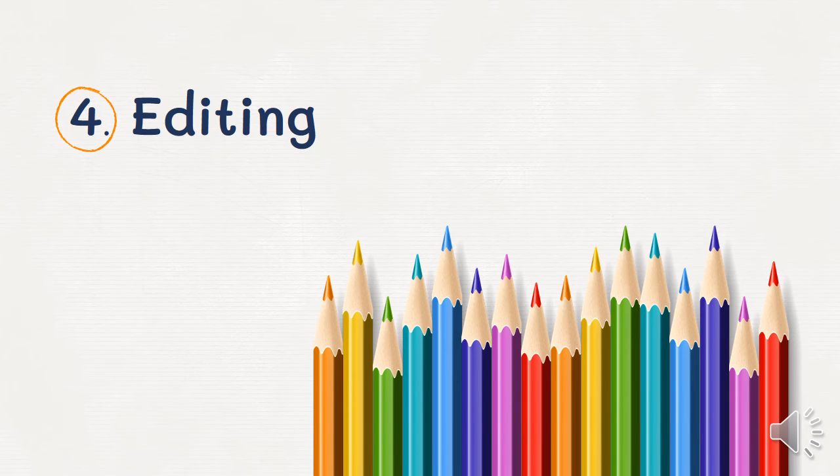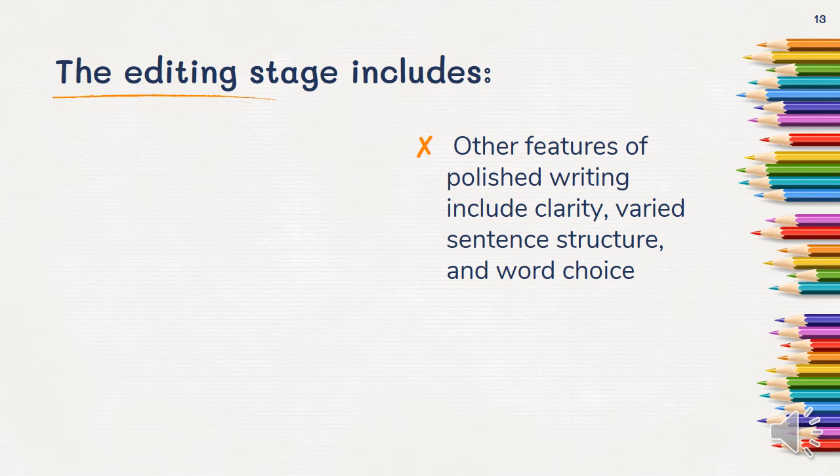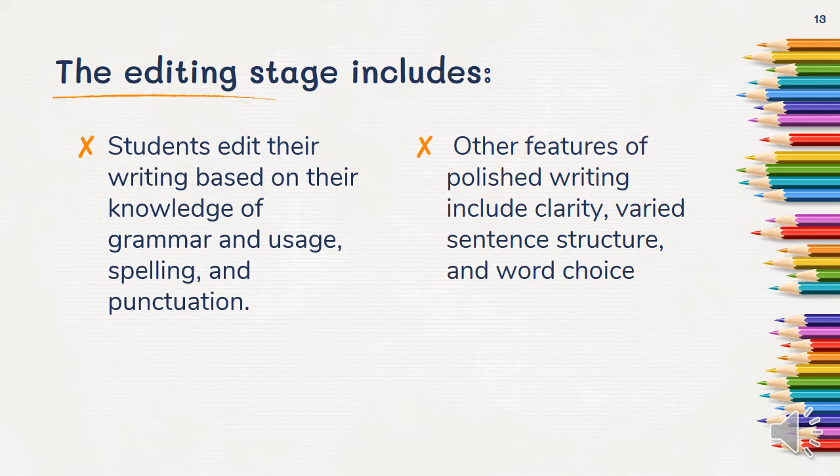Number 4, the editing. The editing stage includes students editing their writing based on their knowledge of grammar and the usage of spelling and punctuation. Of course, you have to correct your grammatical mistakes and spelling mistakes. Make sure that all the words that you wrote are correctly spelled.